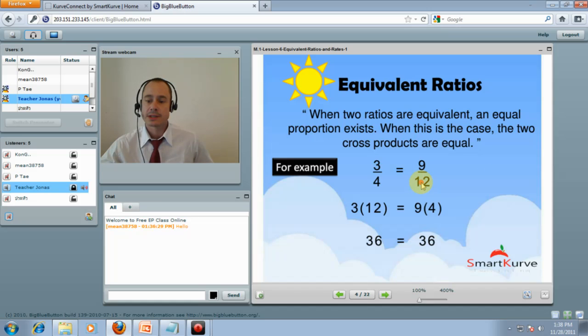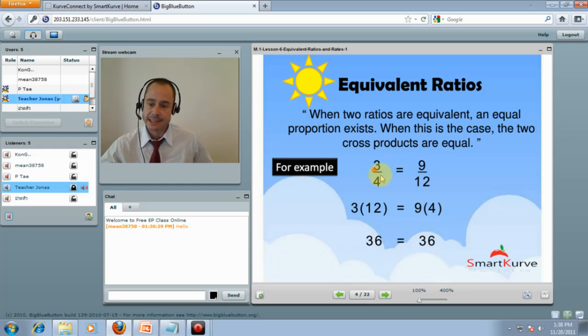If I cross multiply, 3 times 12, and then 4 times 9, these should be equal if it's in proportion. 3 times 12 is 36 and 9 times 4 is also 36.